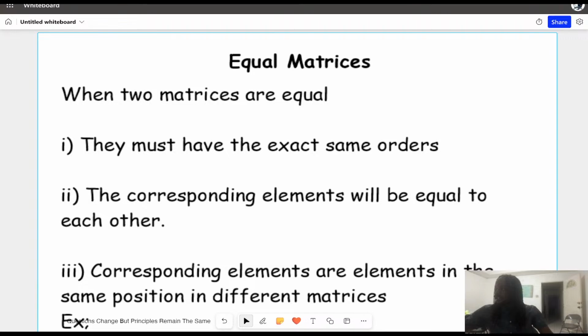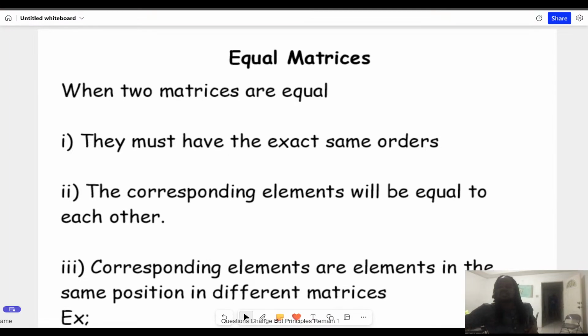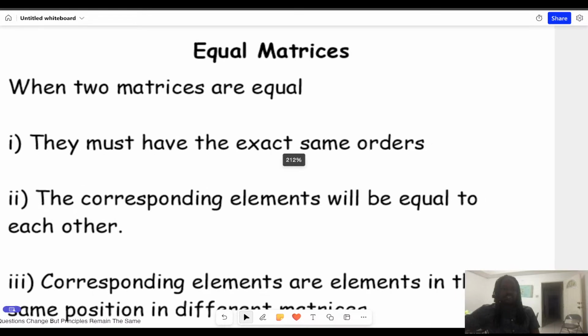And the third thing, corresponding elements are elements in the same position in different matrices. Remember when you add or subtract, you have to add or subtract the corresponding elements.